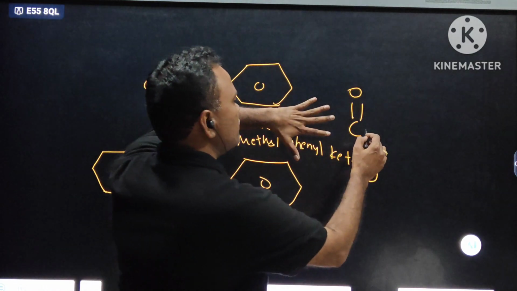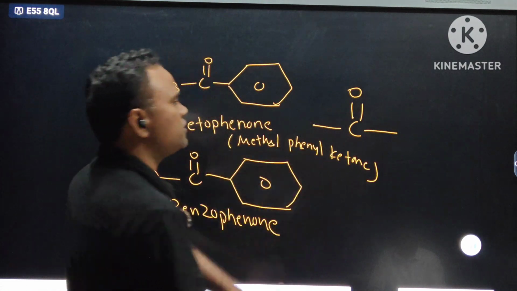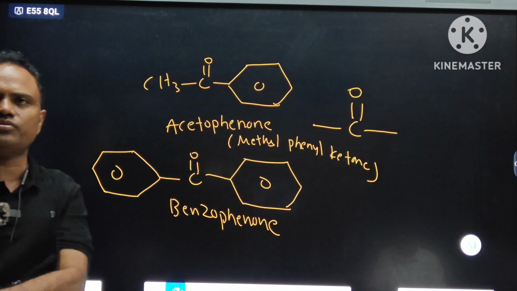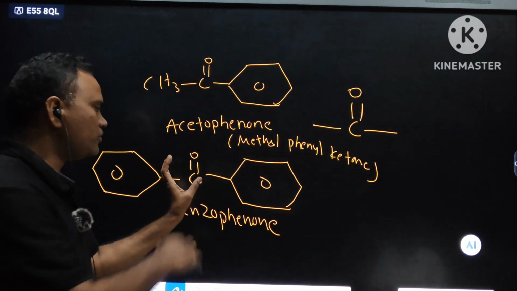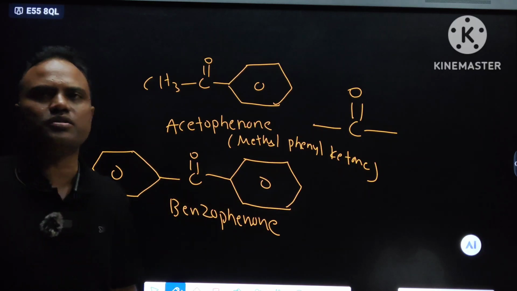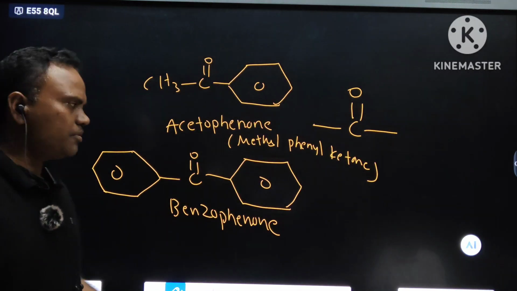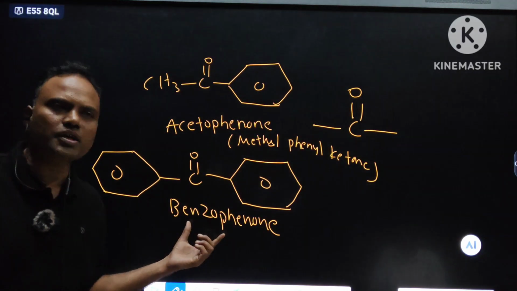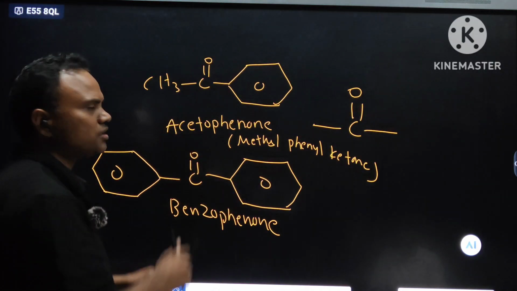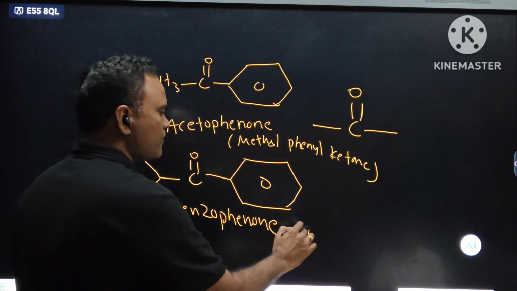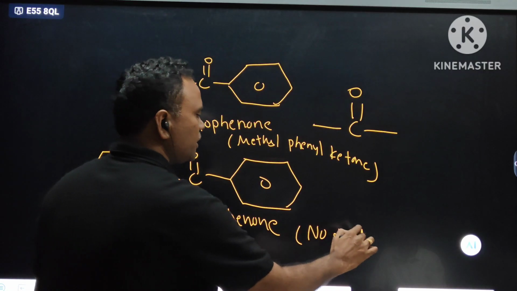If C double bond has one side benzene ring and one side methyl, that is acetophenone. If C double bond has benzene rings on 2 sides, that is benzophenone. Remember, in benzophenone, is there any alpha methyl group? Is there any methyl CH3? No, no alpha methyl group.